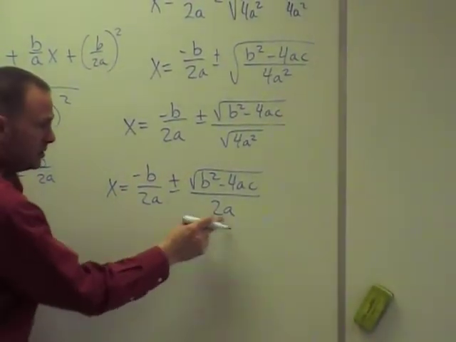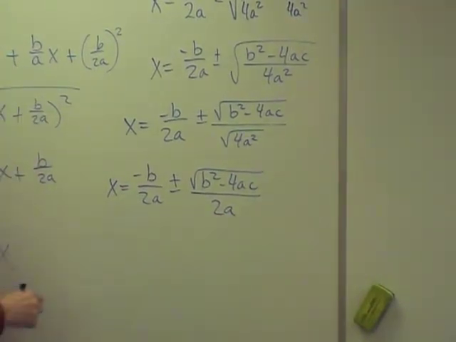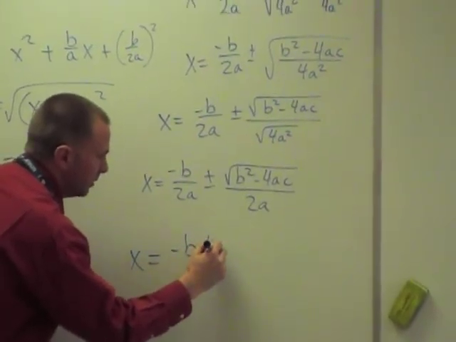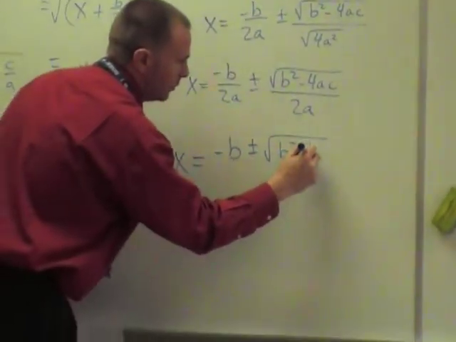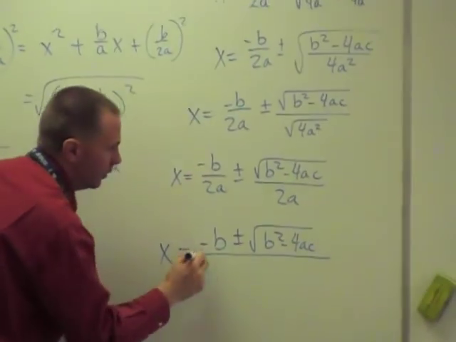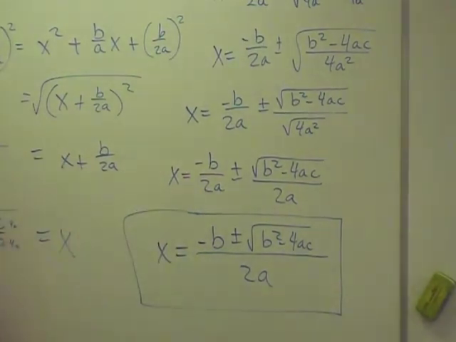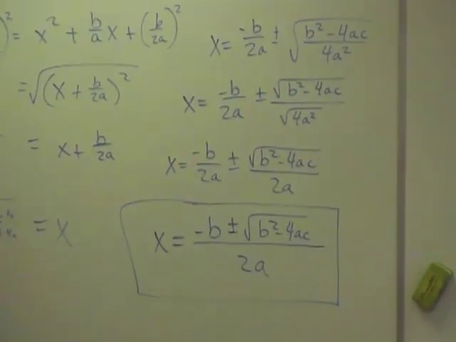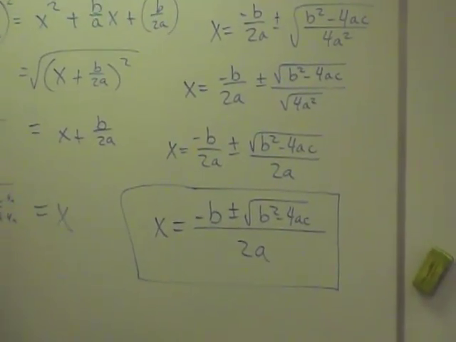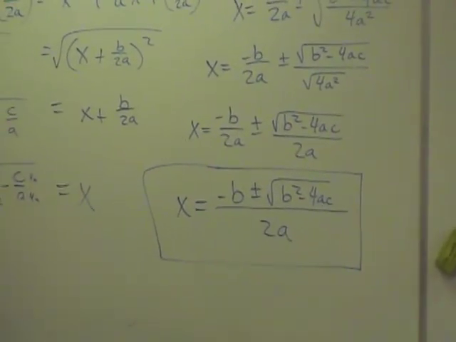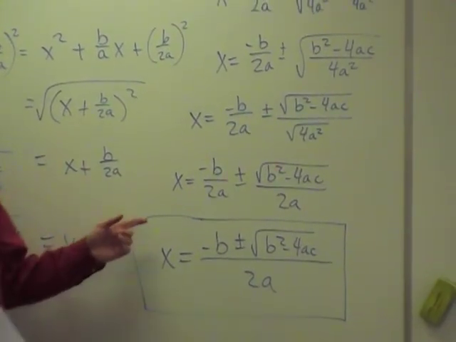Now these two fractions have the same denominator. x equals minus b plus or minus the square root of b squared minus 4ac all over 2a. And that is the quadratic formula. You know that, you guys? So they didn't just come up with this out of nowhere. They took the generic formula, completed the square, and solved for x.